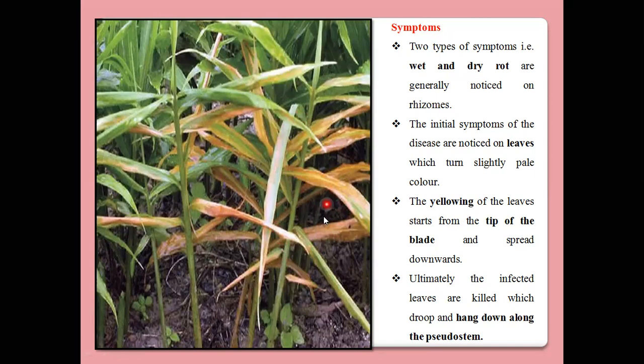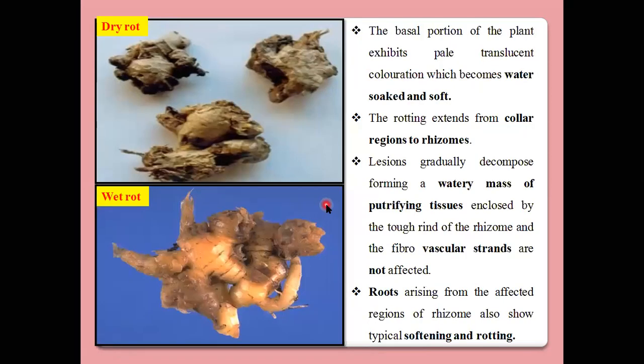These symptoms are generally seen on the upper parts of the plants, but mainly symptoms develop on the underground parts, the rhizomes. Initially, water-soaked translucent spots develop on the underground portions, on the rhizomes. These water-soaked translucent spots turn brown in color.